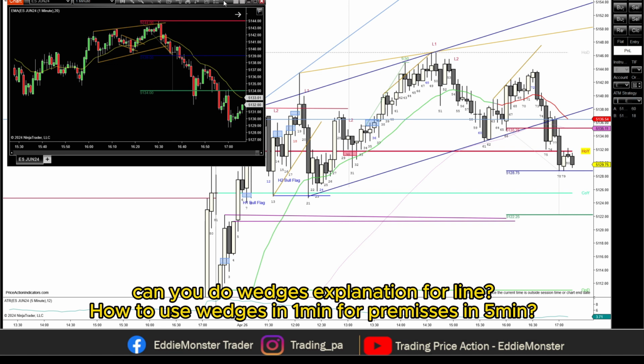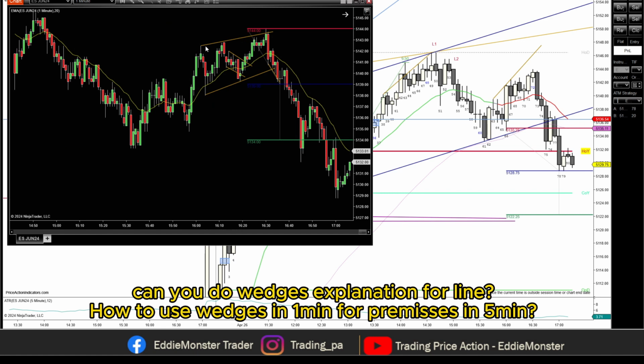So why is this important, a perfect wedge? Because if you are thinking that it's gonna have a lower high here, right? At the end of the day, you can even get short by drawing this line and putting a limit order here, for example.